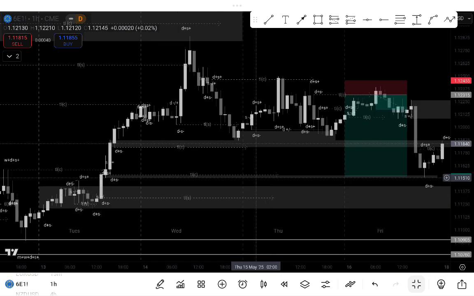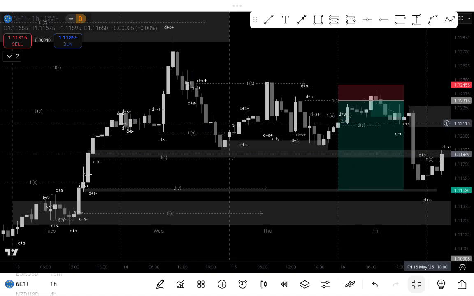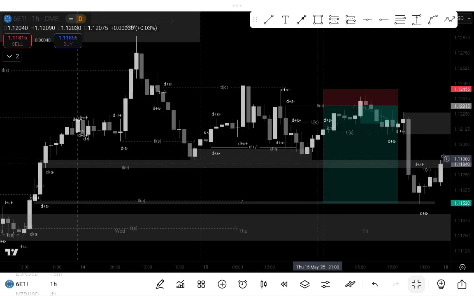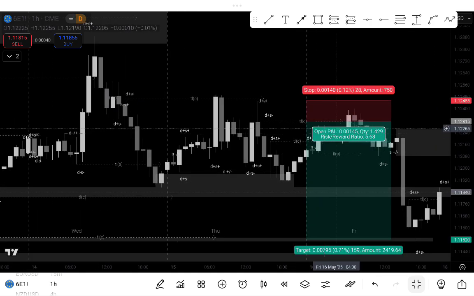The funniest thing about it is price can buy from very funny zones as long as there is a liquidity that's in alignment with that time frame that price wants to go and take. So in this case, price bought from this 1 hour zone, and then price came up here.